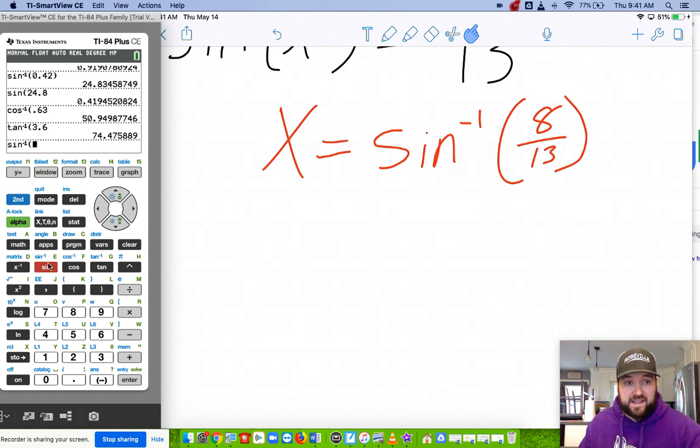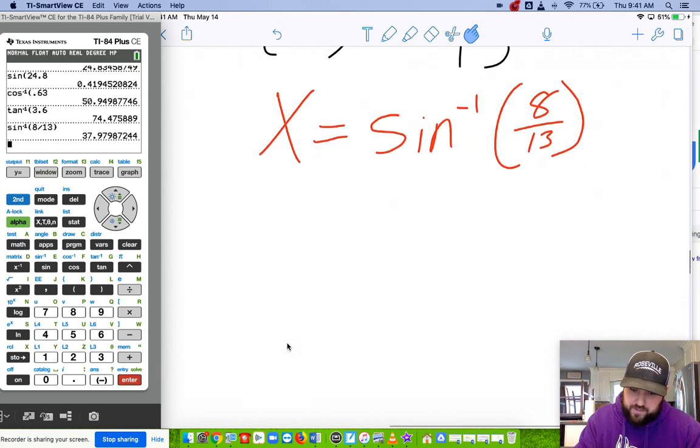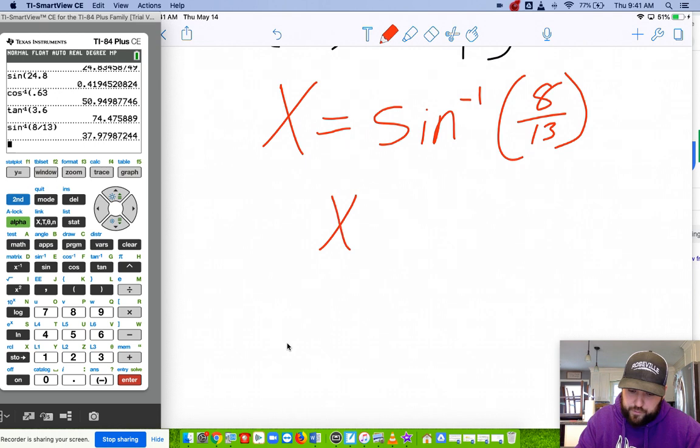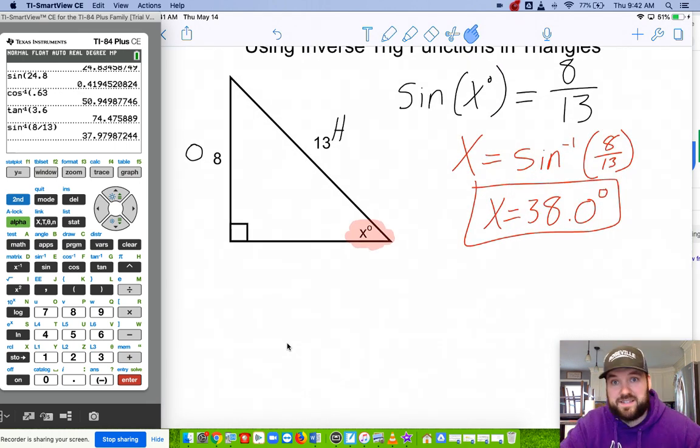I'm going to do second sine, 8 divided by 13, and that will give me 37.97, which, if I'm rounding to the tenths, would be 38.0 degrees. So 38 degrees is the measure of angle x.